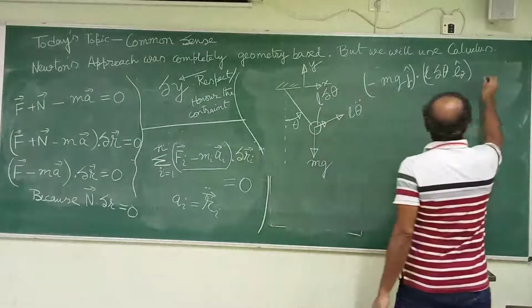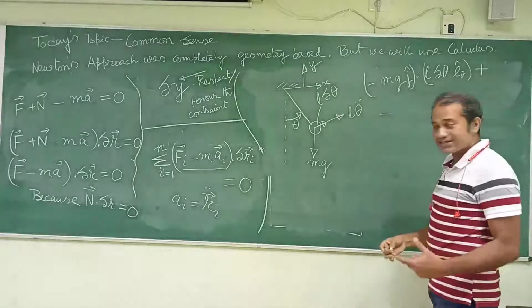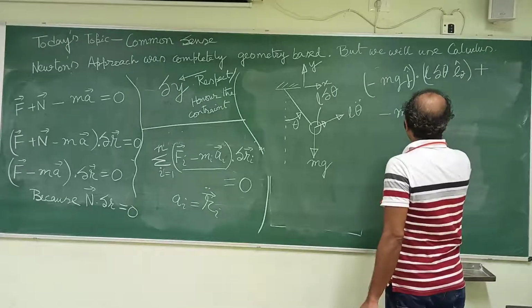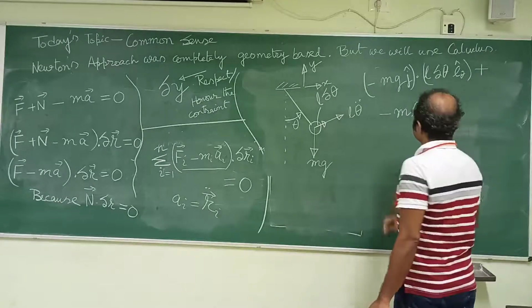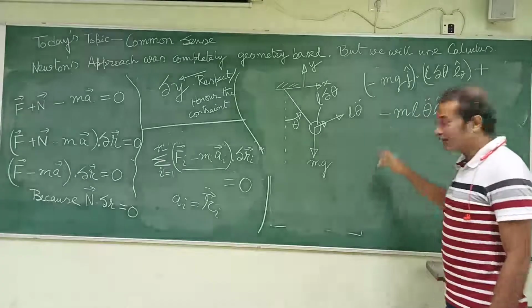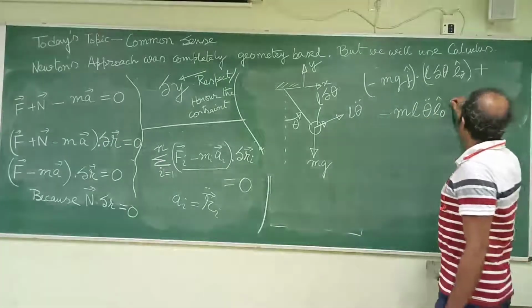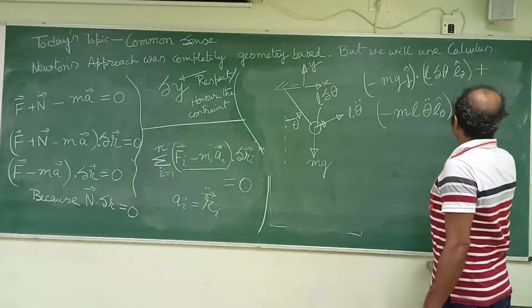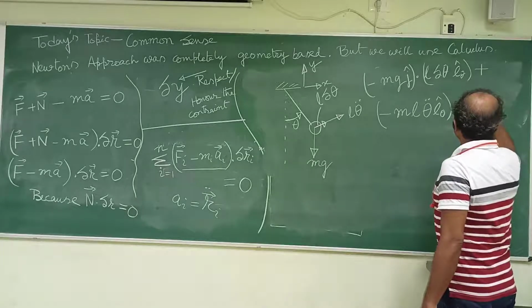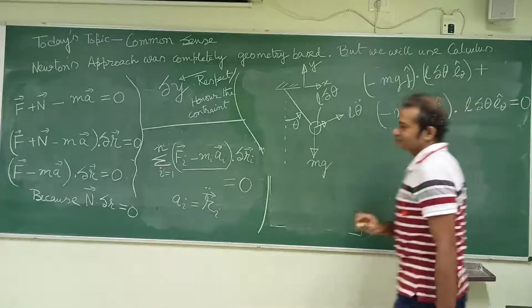Now plus minus the mass times acceleration, minus m L theta double dot along e theta, dotted with L delta theta e theta, is going to be 0.